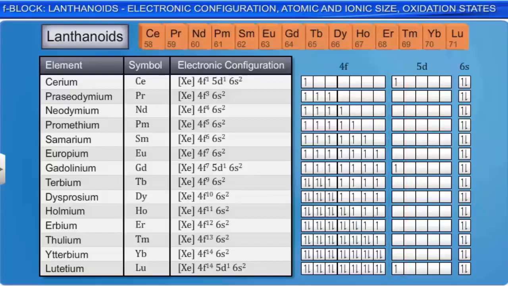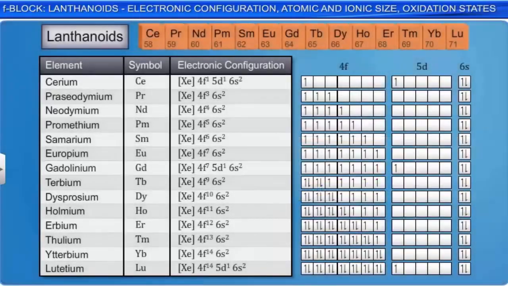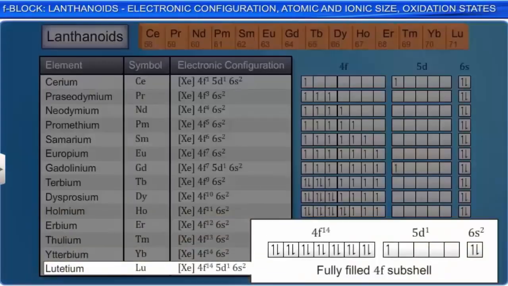The reason why gadolinium has a 5d1 arrangement is that this leaves a half-filled 4f subshell, which gives greater stability. Lutetium has a 5d1 arrangement because the f subshell is already full. The lanthanoids are characterized by the uniform +3 oxidation state shown by all the metals.